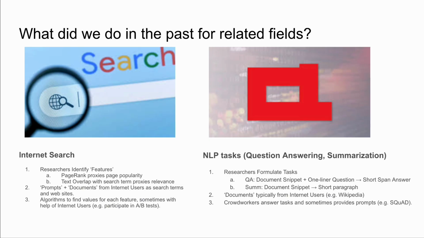For summarization, we take a document snippet and convert it into a short paragraph that condenses the meaning. Most of the time, these documents are from internet users, such as Wikipedia, and crowd workers answer tasks and sometimes provide prompts. For example, in SQuAD, crowd workers also come up with the prompt instead of just being given the prompt.